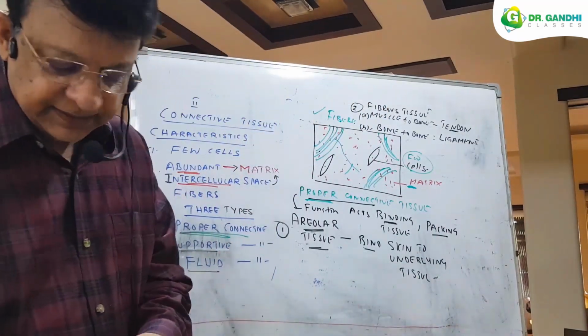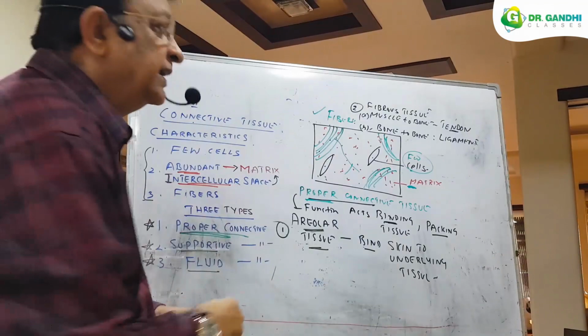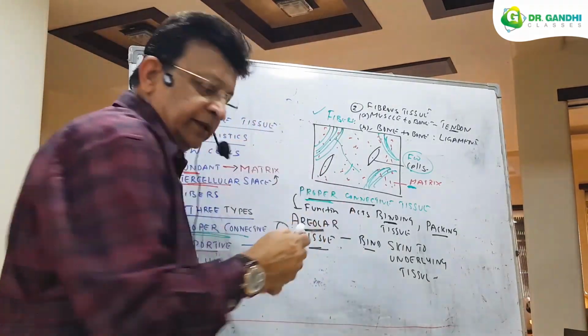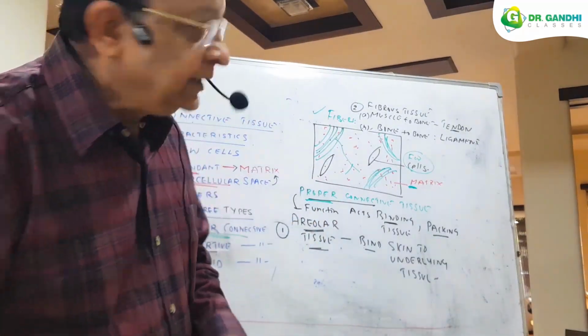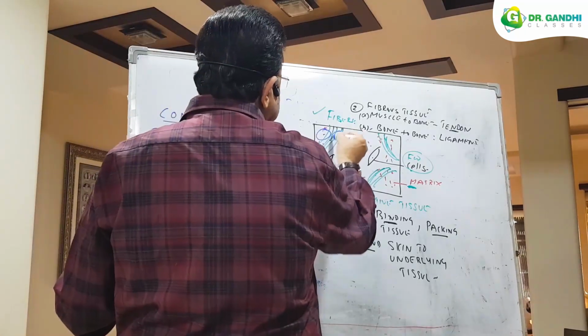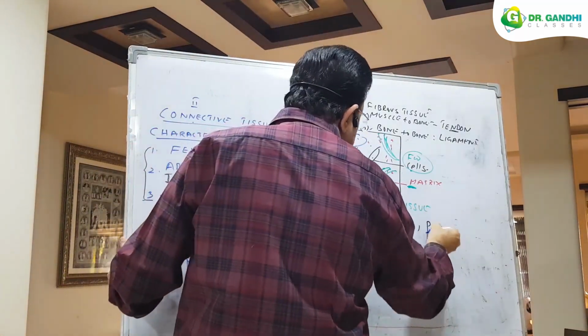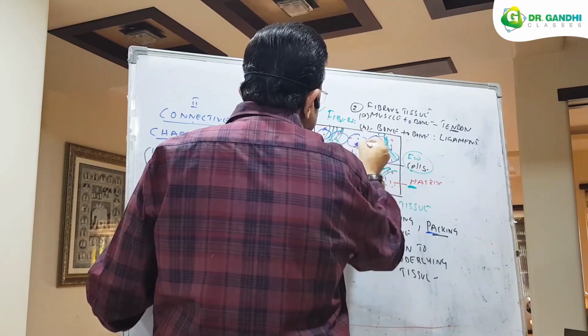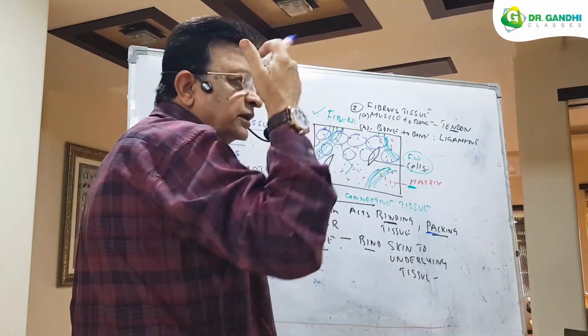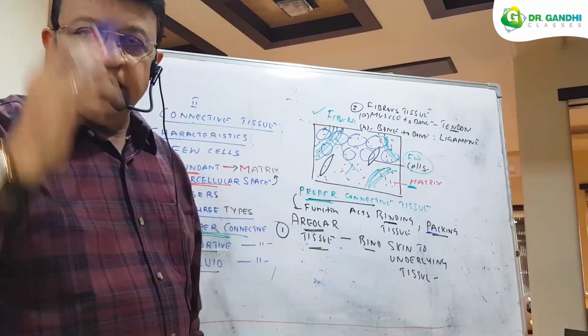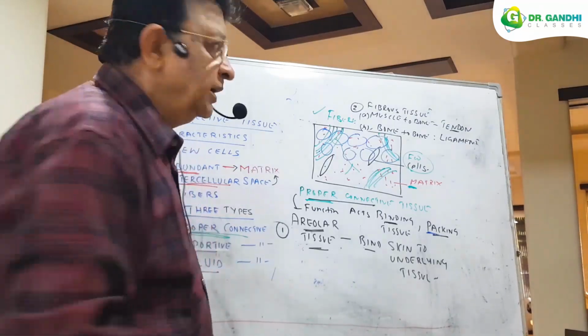And in certain places, like around your eyeball, as I told you, around the skin, around the kidneys for example, they are packed with fat cells. They act as packing material. So you can see around the eyeball, in the socket of your eye, so that your eye remains in position, your kidneys remain in position.